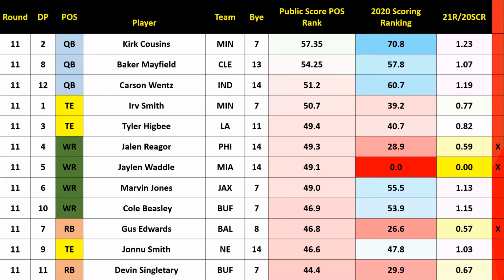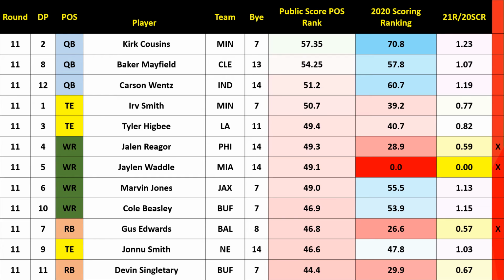Smith, Higbee, Jonnu. I think as for a tight end 2-3, it would be Jonnu. I think I've taken him a lot as a tight end 3. WRs: Rager, Waddle, Jones, Beasley.